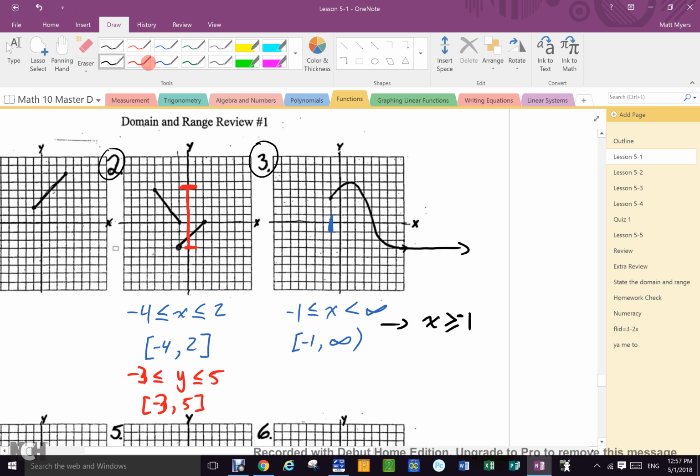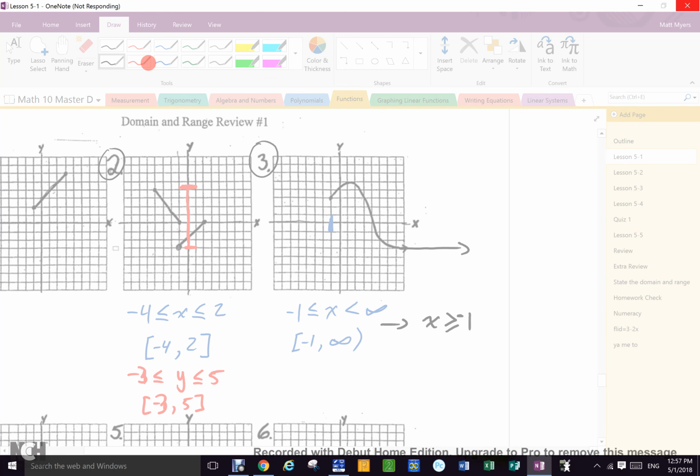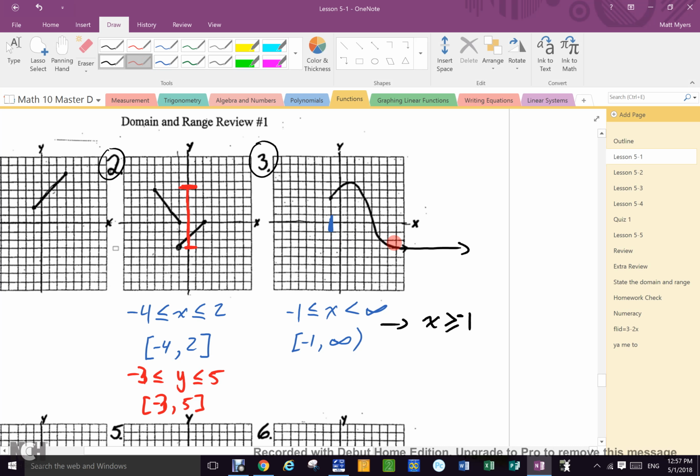What's my lowest range value? Negative 3, because that's where it flattens out, right? While we're waiting for this to thaw, you guys should be trying to figure this out. Negative 3, and I got to negative 3. Why? What do I go up to?